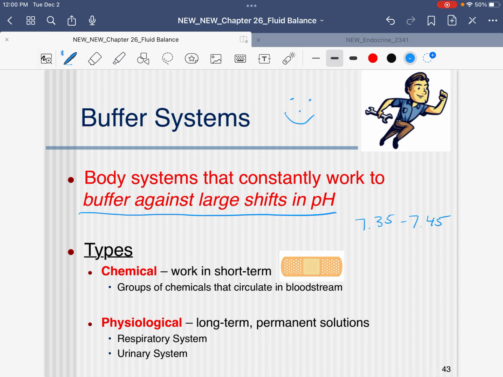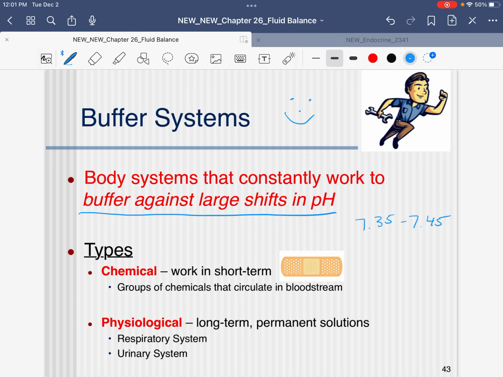It's a narrow range, folks. So how are we going to keep our blood pH in that very narrow range? We have to have these systems in place. We don't want the pH to go below 7.35. We don't want it to shift above 7.45. So that's exactly what buffer systems are: things that work to prevent those shifts too high or too low.